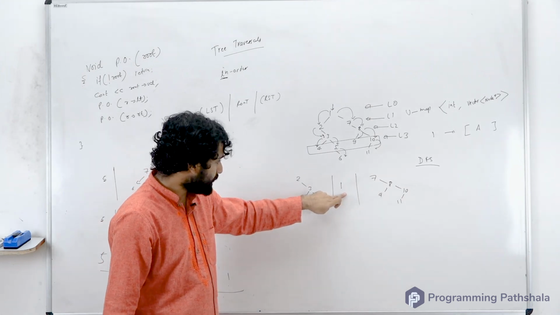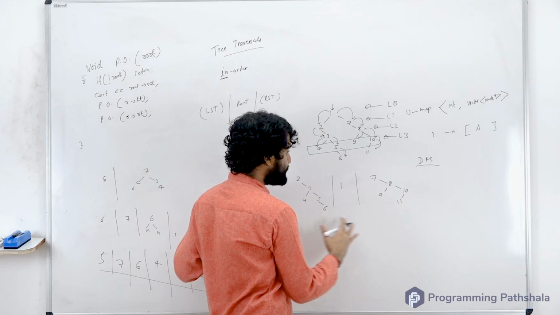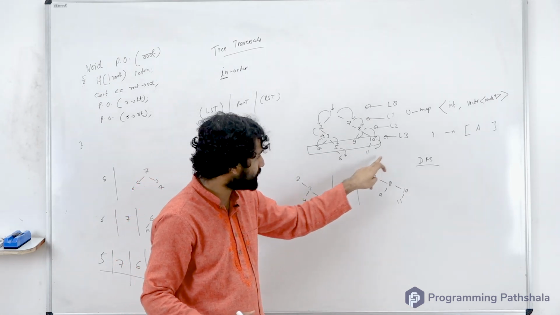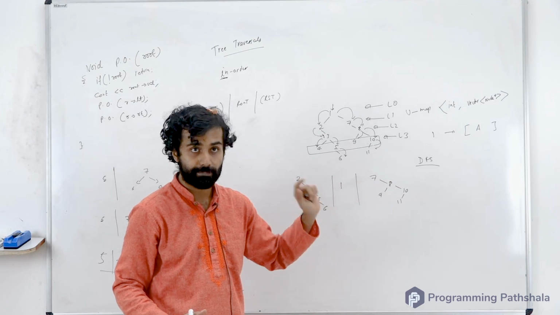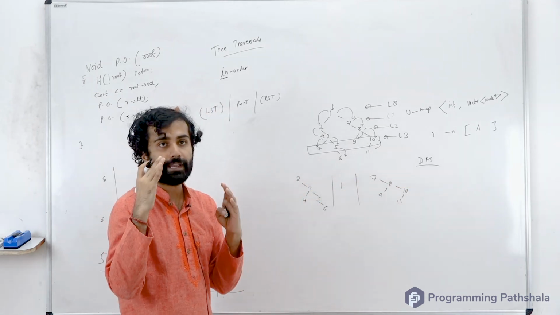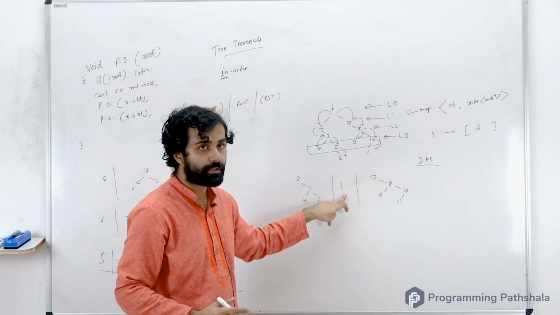So this is to be printed later, before this will be printed. The reason I write it like this is to never forget that this 1 is printed before the printing of this has to be done. It makes my mind very clear that before these things are printed, this is printed, okay.